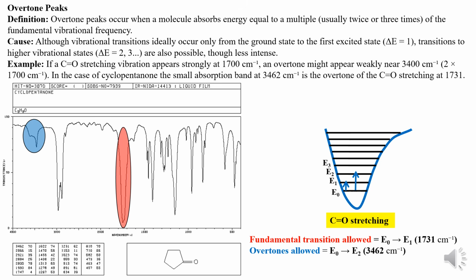Usually it is twice or thrice, but here in this specific example, it is twice the fundamental vibration frequency. The fundamental vibration frequency for carbonyl stretching in cyclopentanone is a peak at 1731, and because of the overtones allowed, you see a peak at around 3462 centimeter inverse.